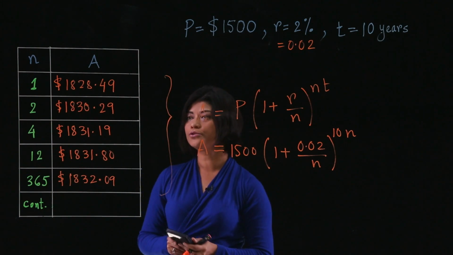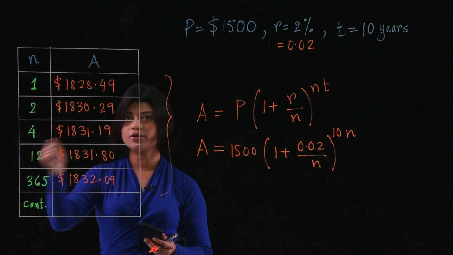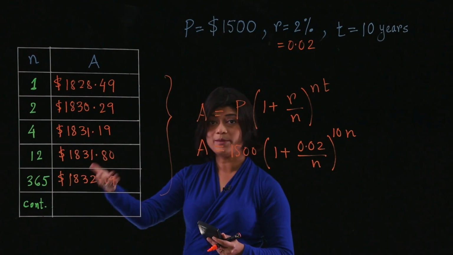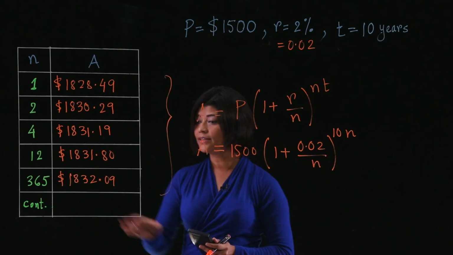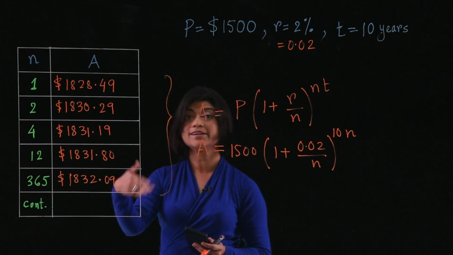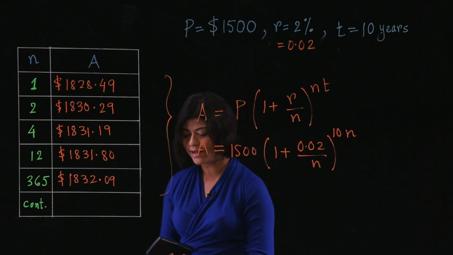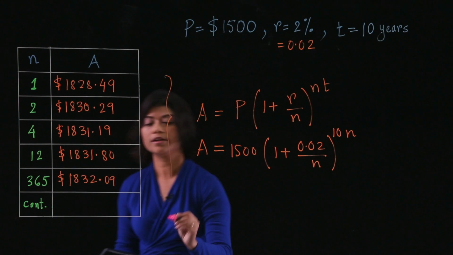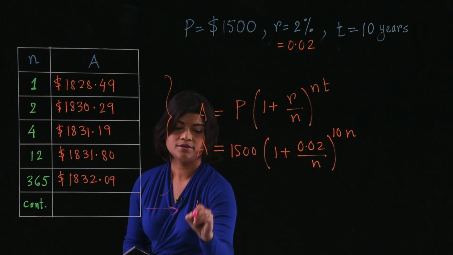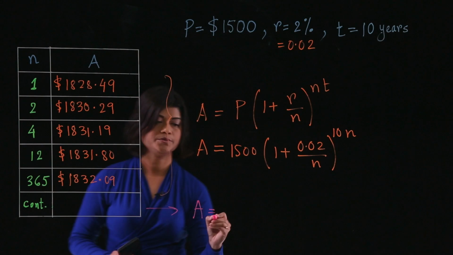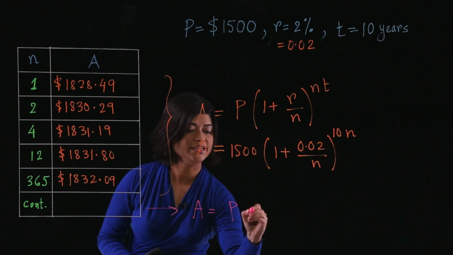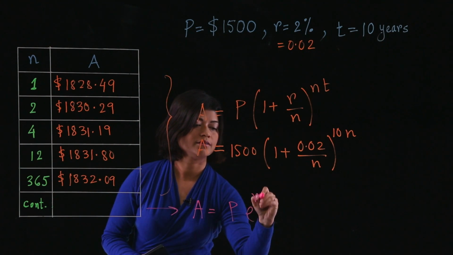All right, so we figured out what is the balance A for all these various n's when you're compounding n times a year. The last one is compounding continuously. For that, we need a different formula. So for this one, A is equal to P times e to the power R times t.